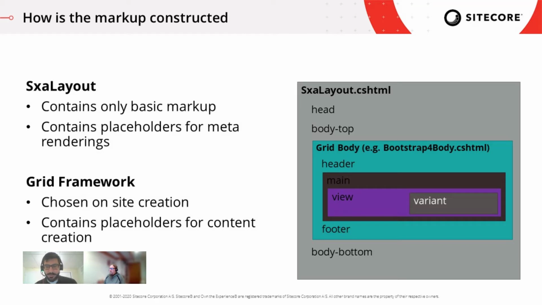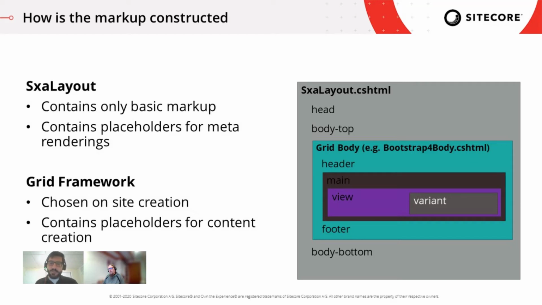Now, as a front-end developer working on SXA projects, I seldom, if ever, try to update any of the actual HTML that's coming from the main overall SXA layout or the grid system's layout file, because that stuff is really boilerplate that's just creating the general overall structure of the site.